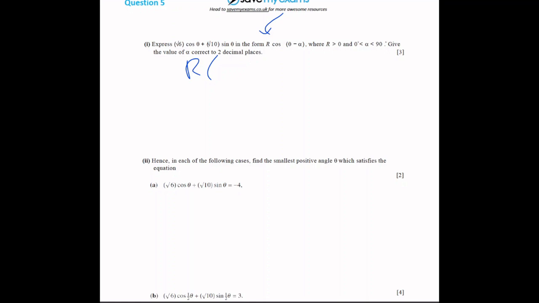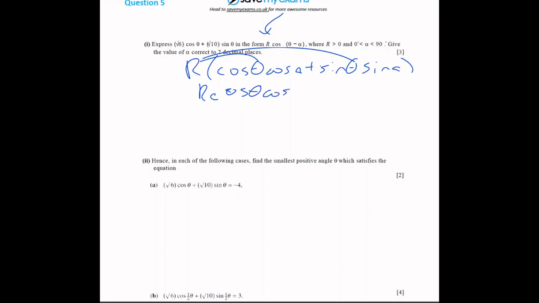It's R, what is it? I'm pretty sure it's cosine theta, cosine alpha. Then it's a minus plus, so it's a plus there. Sine theta, sine alpha. I'm going to distribute. R cosine theta cosine alpha plus R sine theta sine alpha.